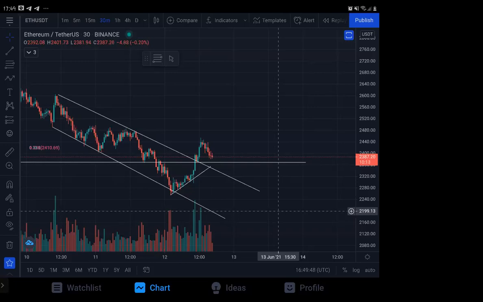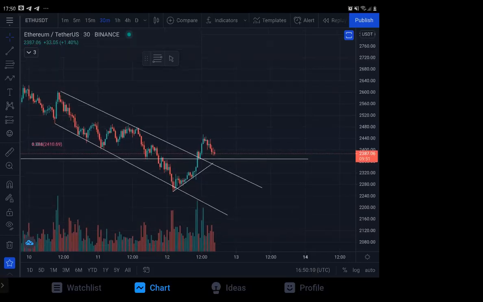So when you trade fundamental and technical together, you have a very high chance of winning.